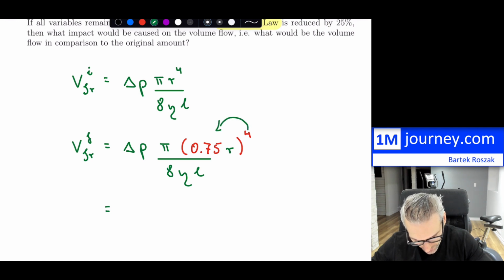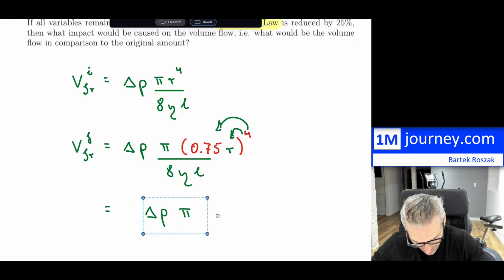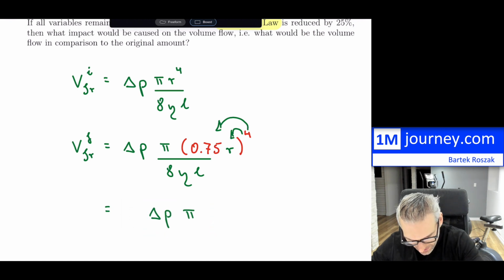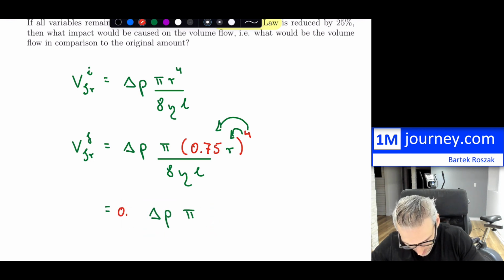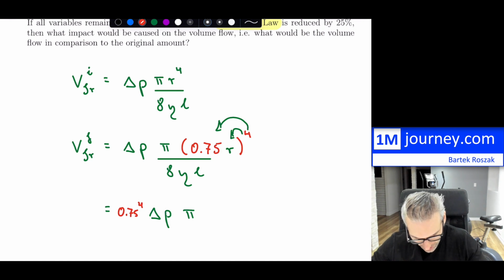So the 4, if you bring it in, if you know your exponent rules, is going to give you the following: delta P pi. I'm going to bring that 0.75 to the 4 in front, just so that you can see what the power will be here.